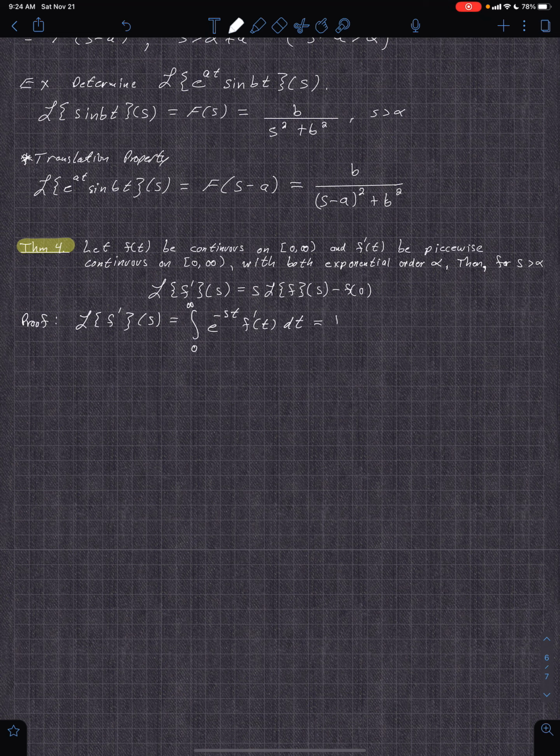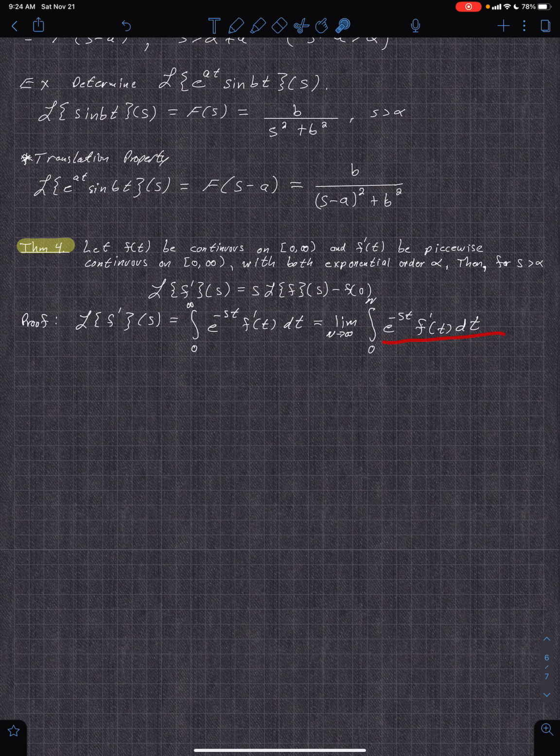Then that's equal to the limit as n approaches infinity of the integral 0 to n of e to the negative st f prime of t dt. This isn't obvious, but we're going to apply integration by parts.